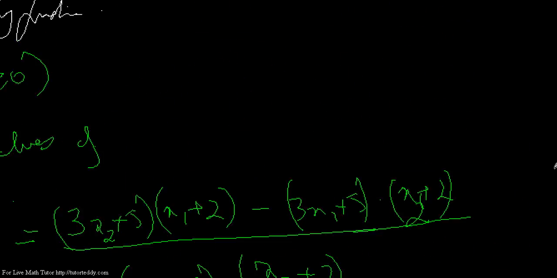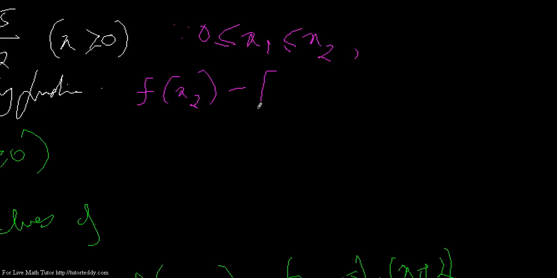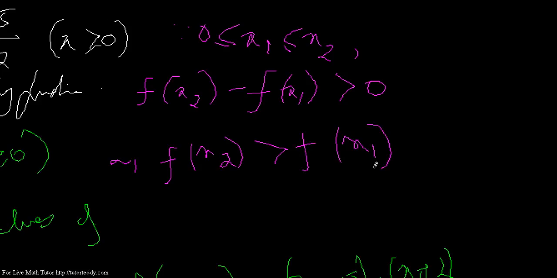Also see here that since 0 is less than or equal to x1, less than or equal to x2, we can say that f(x2) minus f(x1) is greater than 0, or f(x2) is greater than f(x1) when x2 is greater than x1.